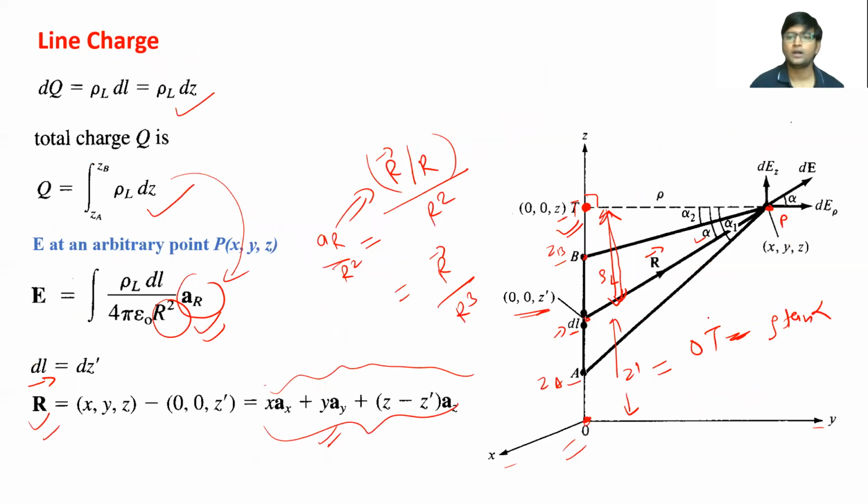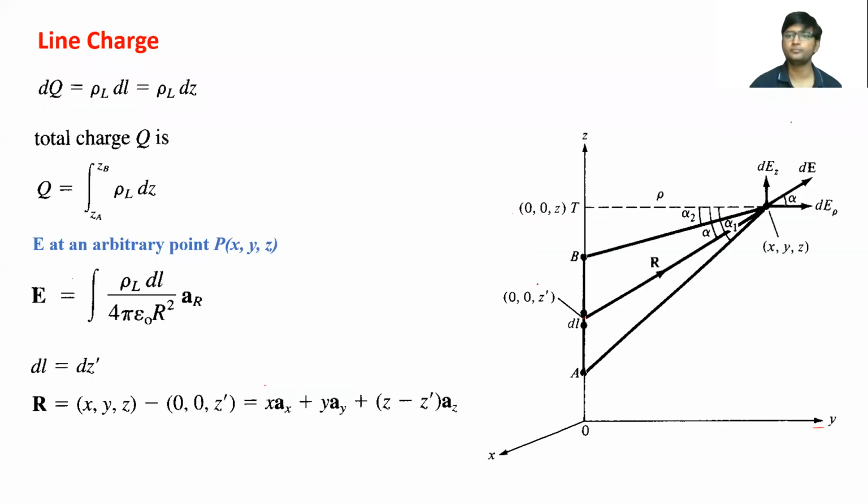Now, let me first clear this screen for you. Now, if you see this image, this small length DL, and if you want to calculate the electric field at this particular point P, considering the charges between this point A and B, what you have to do is change this DL and scan this whole length from A to B using this DL.